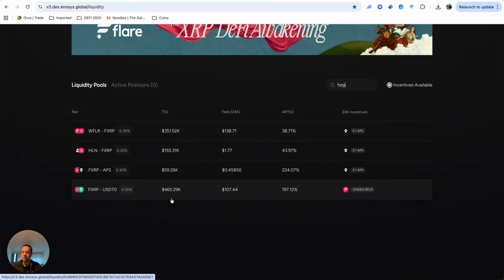This pool is about 500,000 in TVL. It's definitely not much in comparison to the big blue chip DeFi pools where you have millions and millions in TVL. But let's be clear here that this FXRP asset is, first of all, a brand new one.